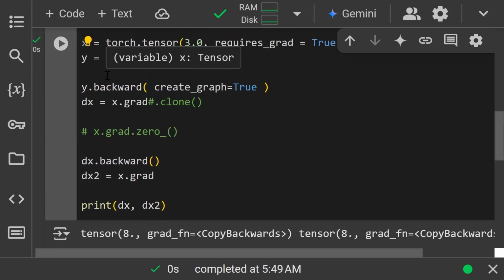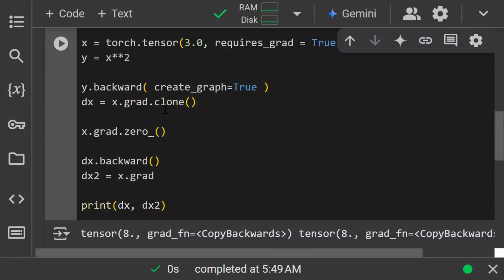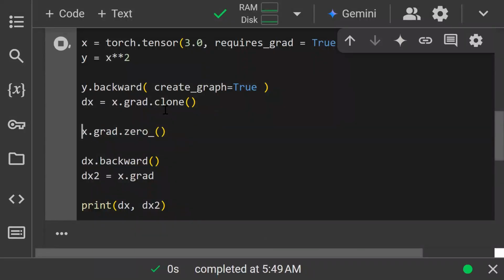Be very careful. Always make sure that, first of all, you clone, because otherwise it's a reference, and each time you run backward, make sure that you zero out, so that you get the correct number.